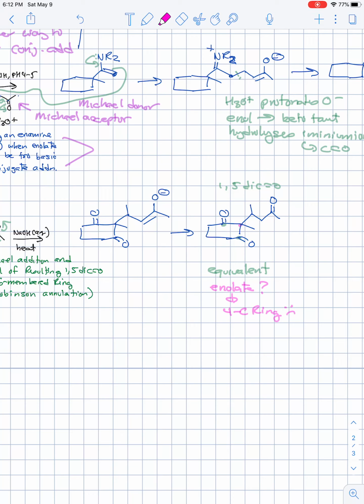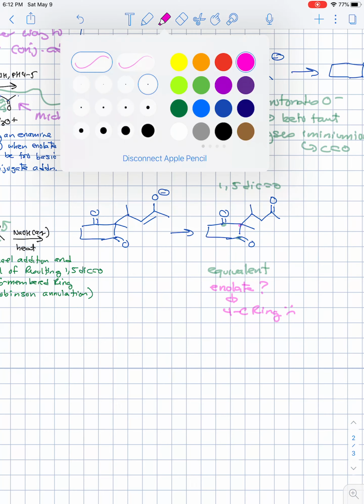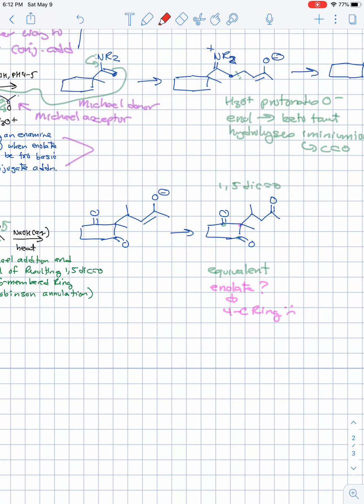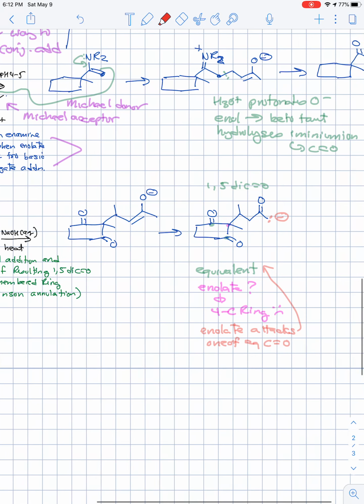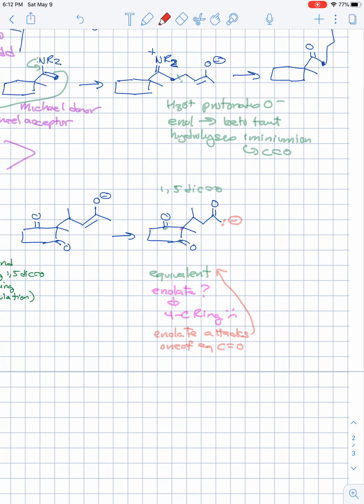So even though, yes, that's the likelier enolate to make, the enolate that we're going to have to end up making is that enolate. And that enolate is going to attack one of those two equivalent carbonyls. It really does not matter which one.